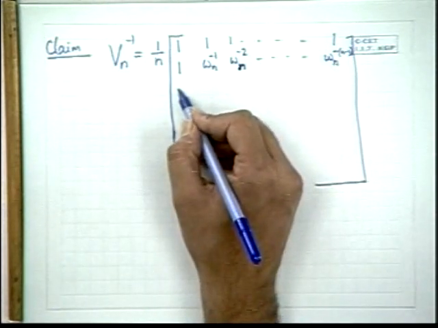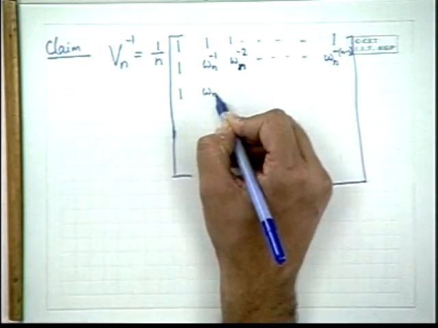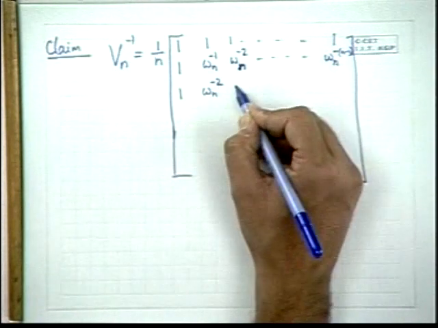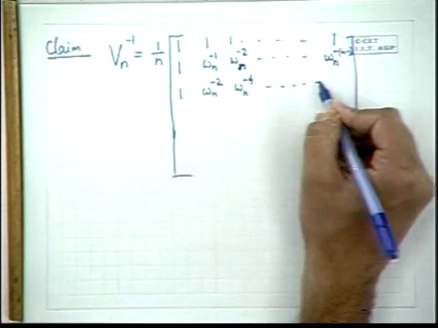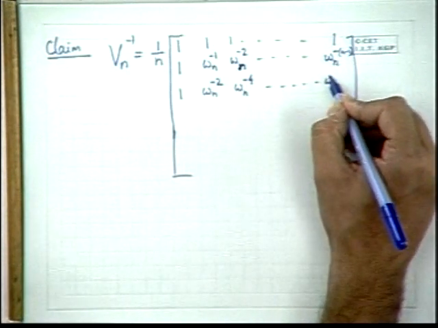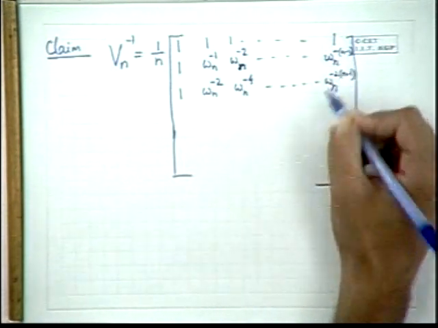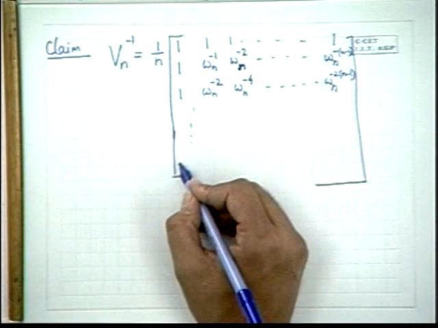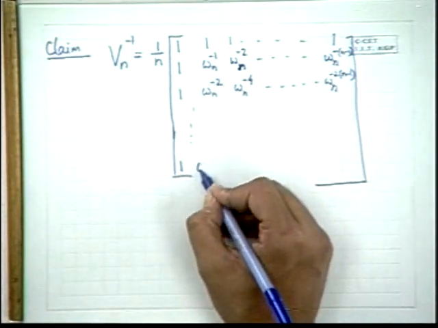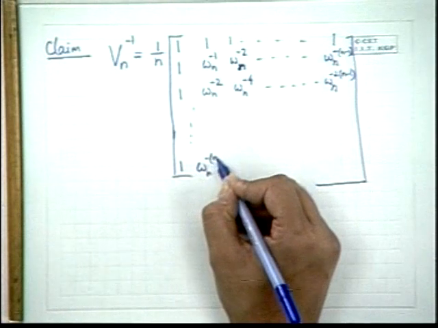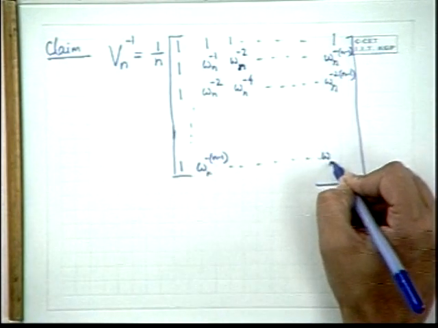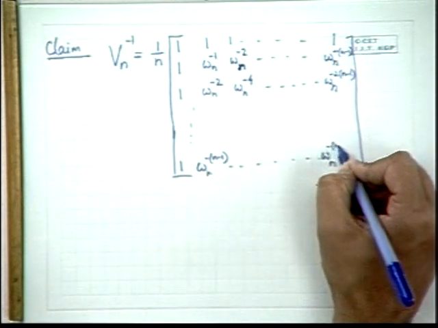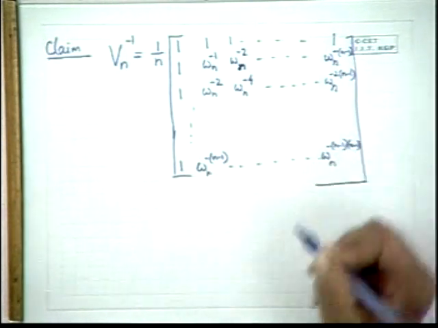The next one is 1, wn^(-2), wn^(-4), up to wn^(-2(n-1)). The last one is 1, wn^(-(n-1)), up to wn^(-(n-1)(n-1)).